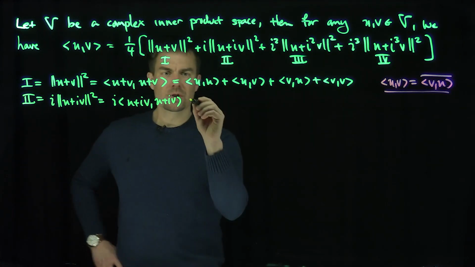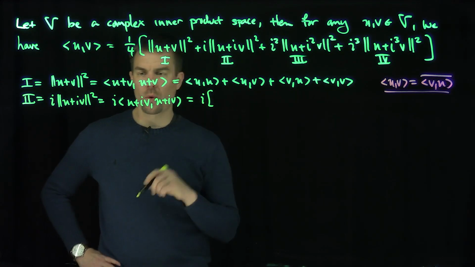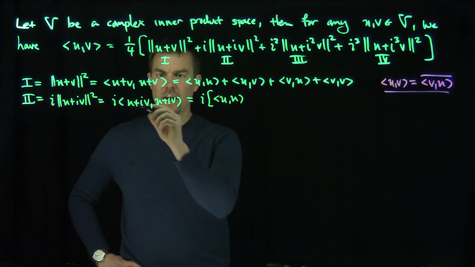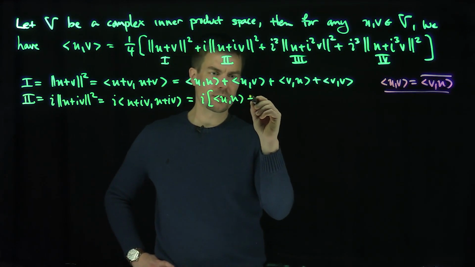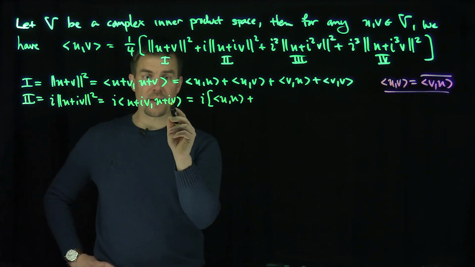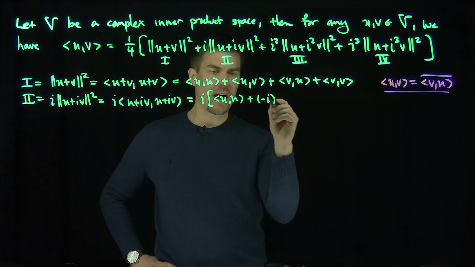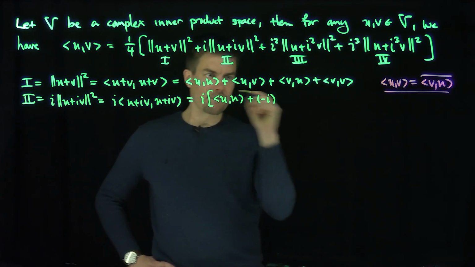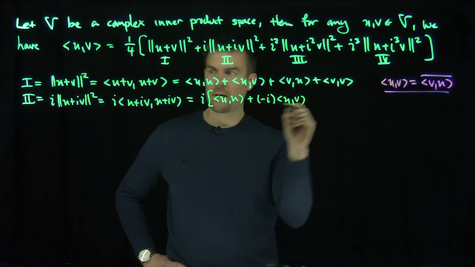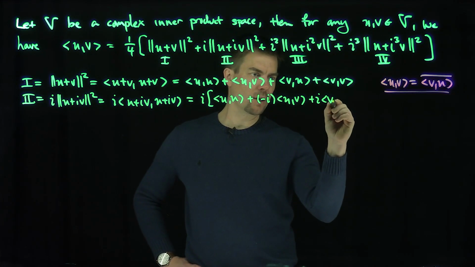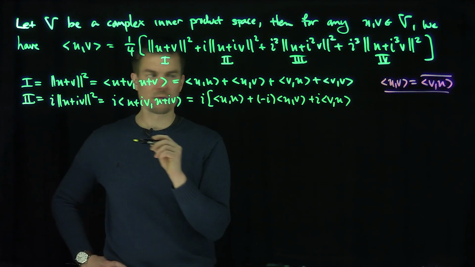This is going to be i times the quantity UU, plus a U and an iV. Now what can we do with that i in the second slot? The i in the second slot comes out as a negative sign, so that's going to be a minus i UV. Then I have these terms over here, so I'm going to pull out an i and then a VU.